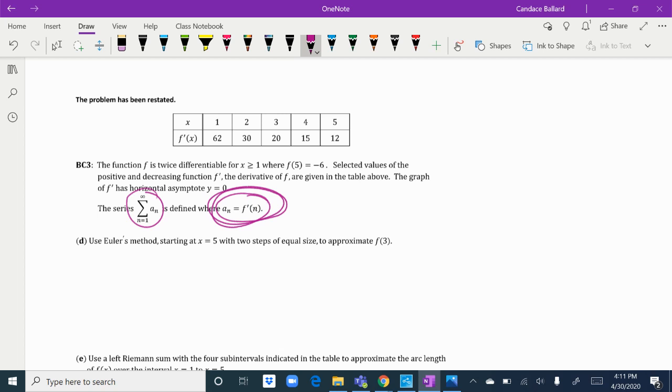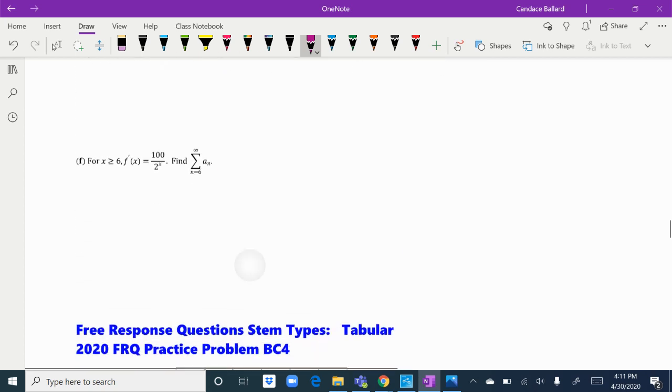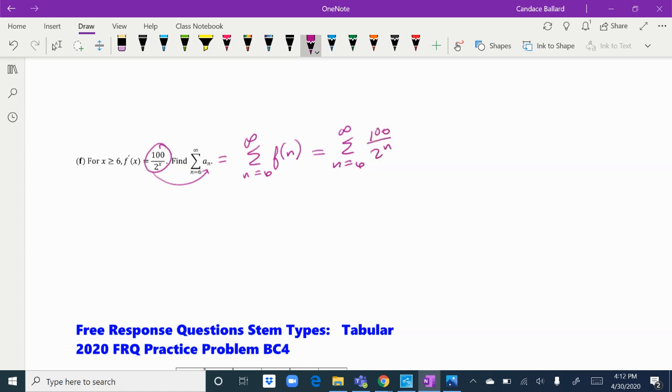So I know that f prime of n, they told me in this problem, is this. So this is basically getting plugged in. Really, if I stepped through it, this guy equals, and you don't have to necessarily show this, but equals that guy, and then I can substitute this guy in for that. So 100 over 2 to the n.